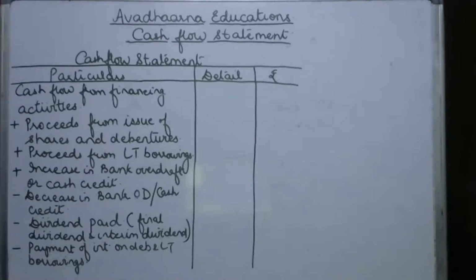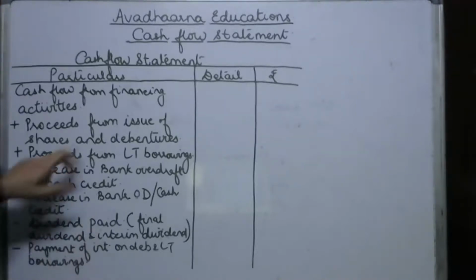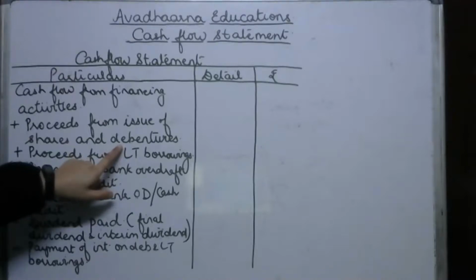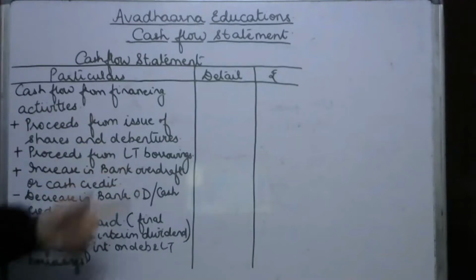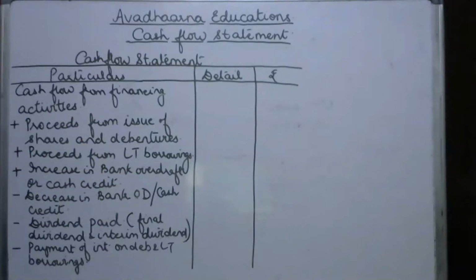Now the other cash outflow from financing activity may include, see, जब डिवेंचर्स इशू हुए थे कैश इनफ्लो हुआ था, लेकिन अगर जब डिवेंचर्स रिडीम होंगे या आप इन लोन की अमाउंट को रीपे करोगे, सो दैट इज गोइंग टू रिजल्ट इनटू कैश आउटफ्लो.